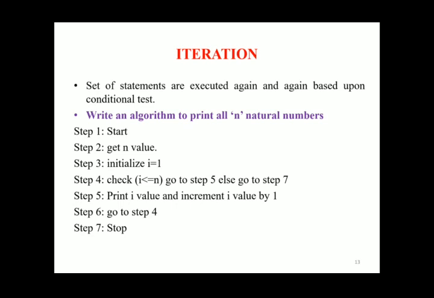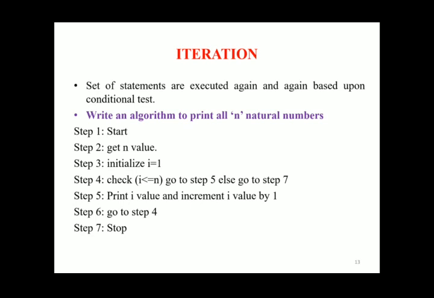That is 6 less than or equal to 5. Now the condition becomes false. If the condition becomes false, the else block will be executed. That is, in the else block, go to step 7 is represented. In step 7, stop is given to terminate the algorithm. So this is the concept of iteration to print all n natural numbers.